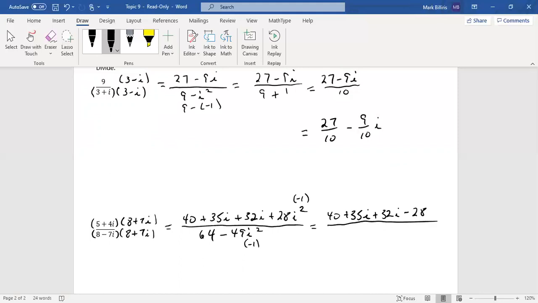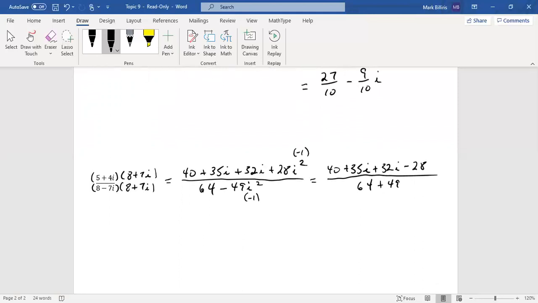In the denominator, I have 64, and a negative 49 times a negative 1, which is a positive 49. Next, combine your like terms. In the numerator, I have 40 minus 28, which is 12. I have 35 plus 32, which is 67i. And in the denominator, 64 plus 49, I get 113.